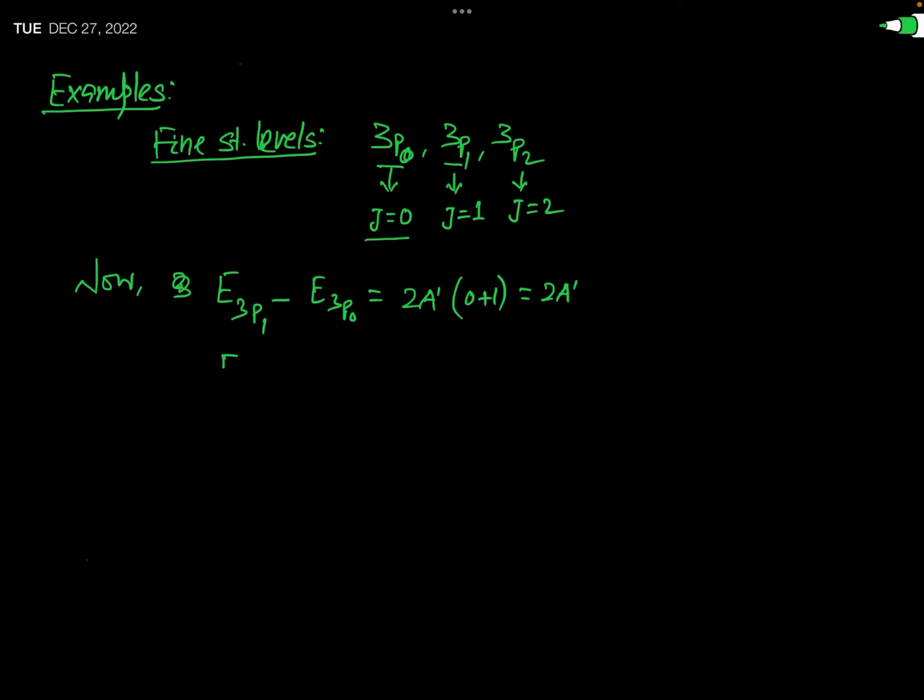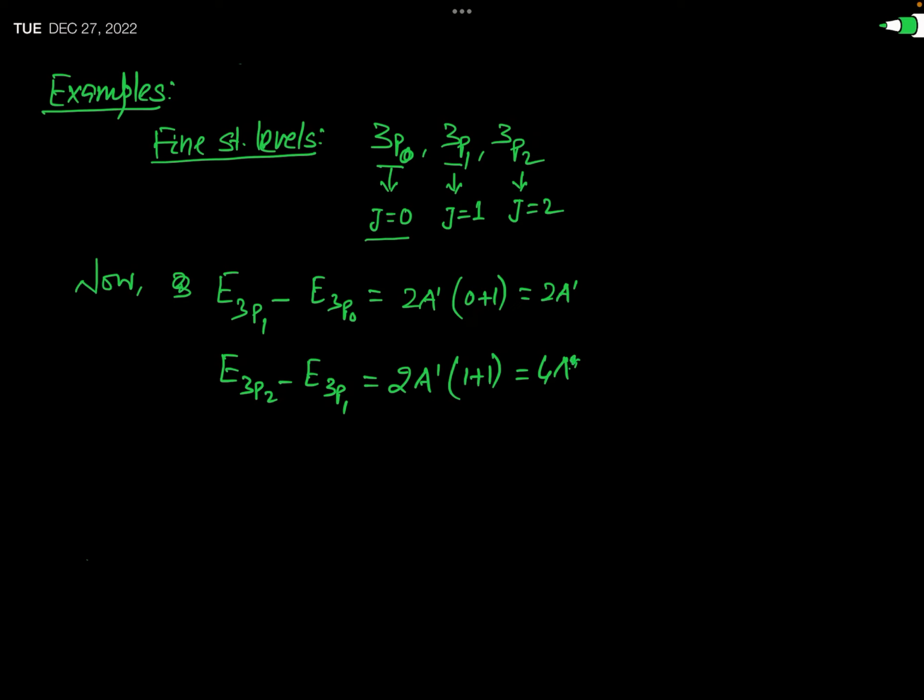And again, energy of 3p2 minus energy of 3p1 level will be 2a prime times 1 plus 1, that is 4a prime.